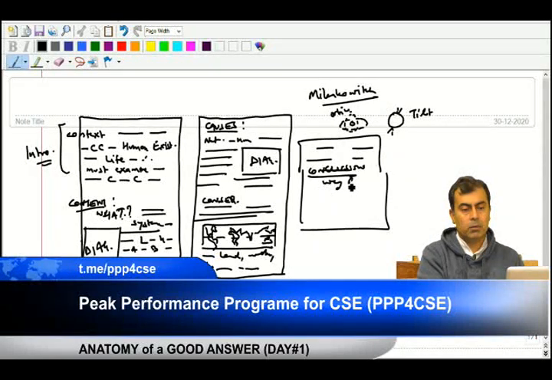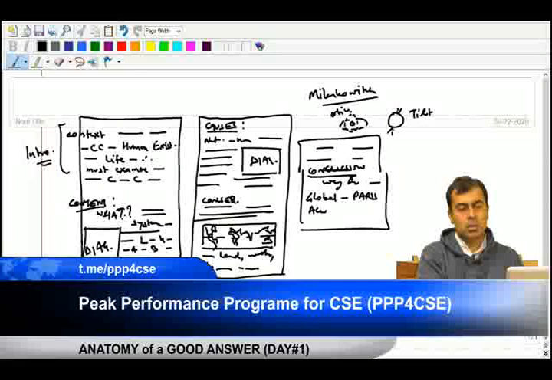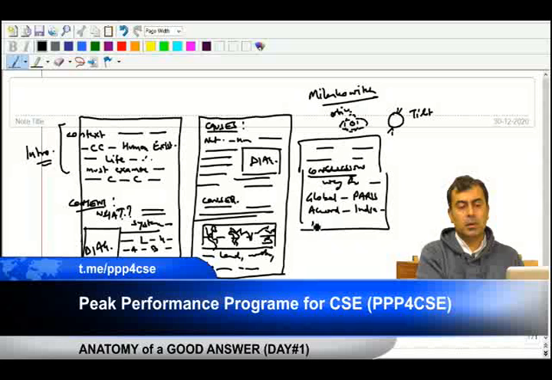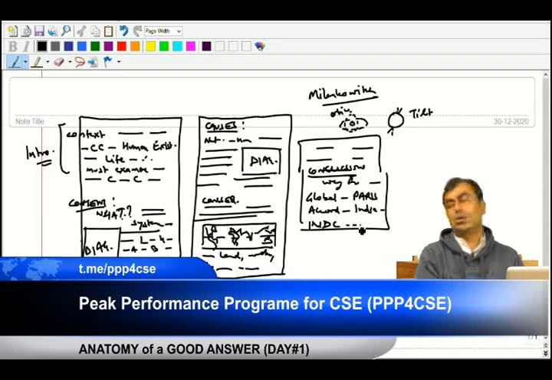A way forward where you can talk about global collaboration in the Paris Accord, or on part of India we have INDC, nationally determined contributions. You can very well write that. So that would have made this answer powerful.